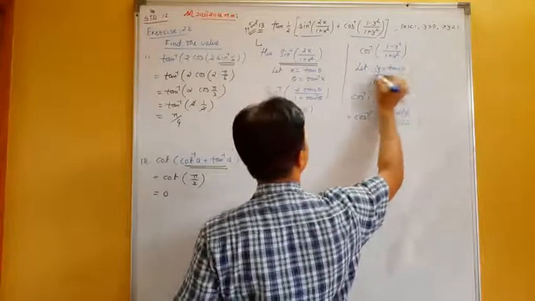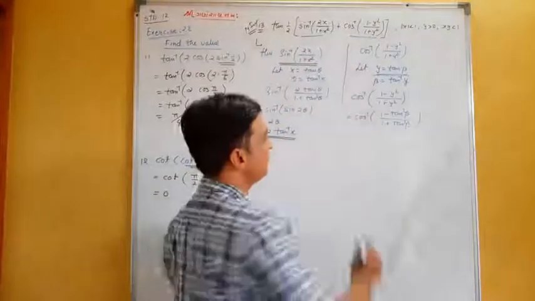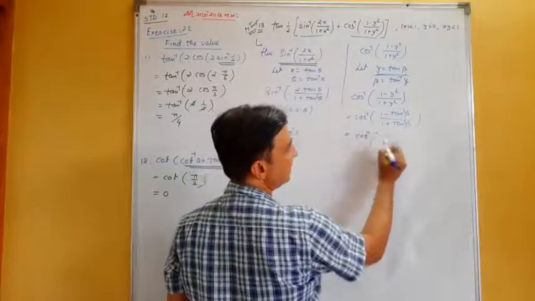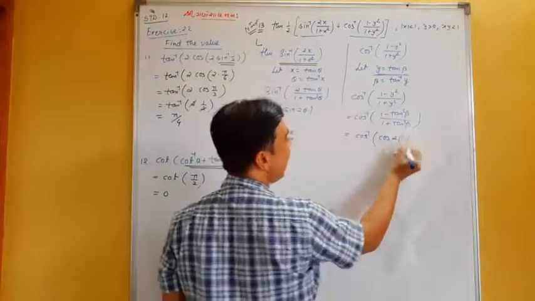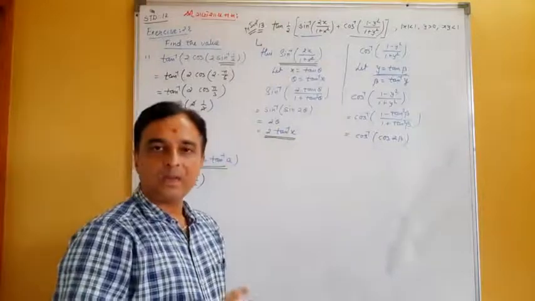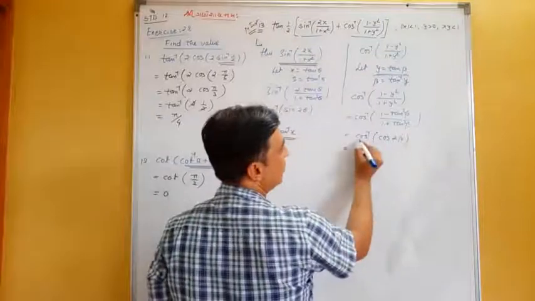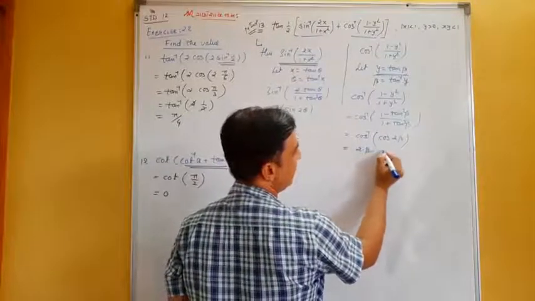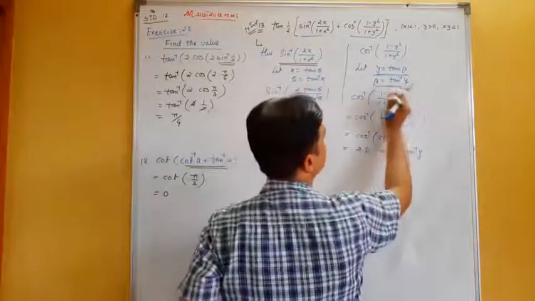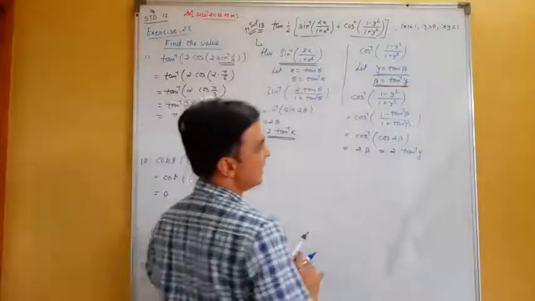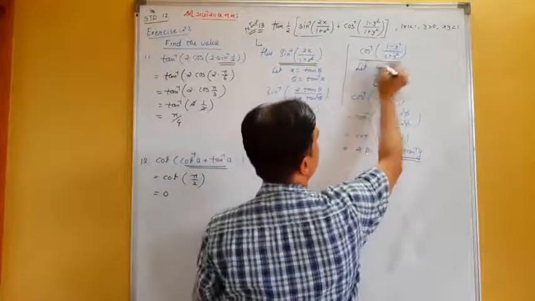We substituted y equal to tan beta in our original question. So what happened? 1 minus tan square upon 1 plus tan square is cos 2 beta, the formula of cos 2 theta in terms of tan. Cos inverse and cos cancel, the answer is 2 beta, and beta equals tan inverse y. So this is the value of cos inverse.